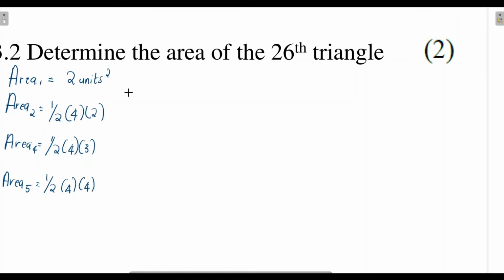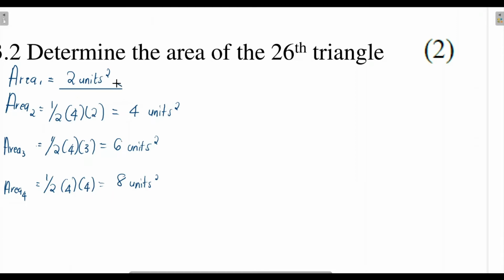It's 4. If you punch that into your calculator, you'll get that the area for triangle 2 is 4. The area for triangle 3 is 6. And the area for triangle 4 is 8 units squared.